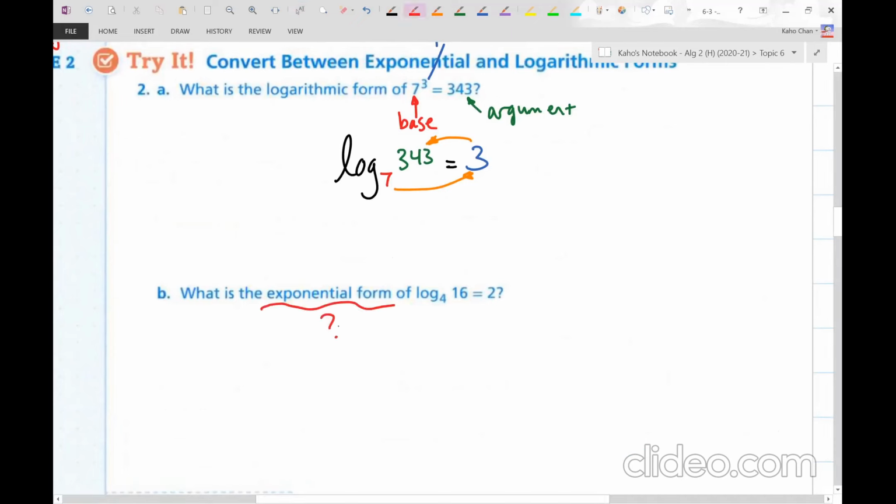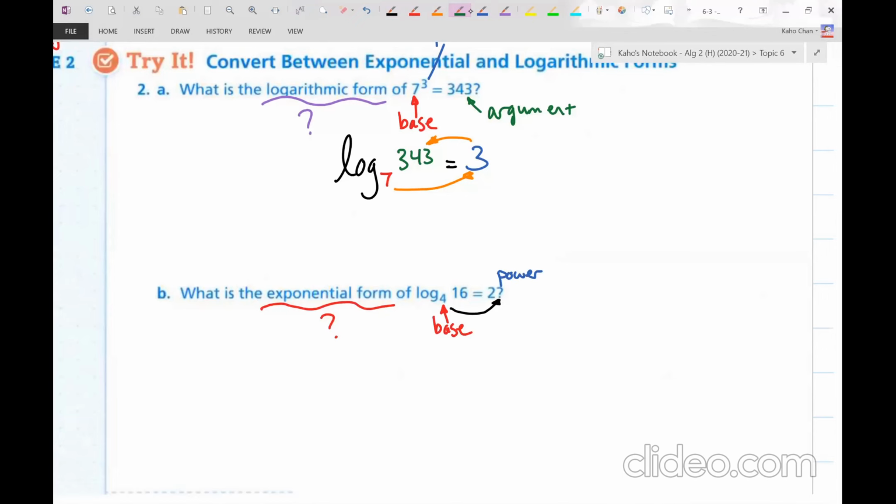So earlier we did log form. Okay, remember the parts of the log equation. You start with the base right there. It's a boomerang. It goes to the power of 2, and it comes back to the argument.